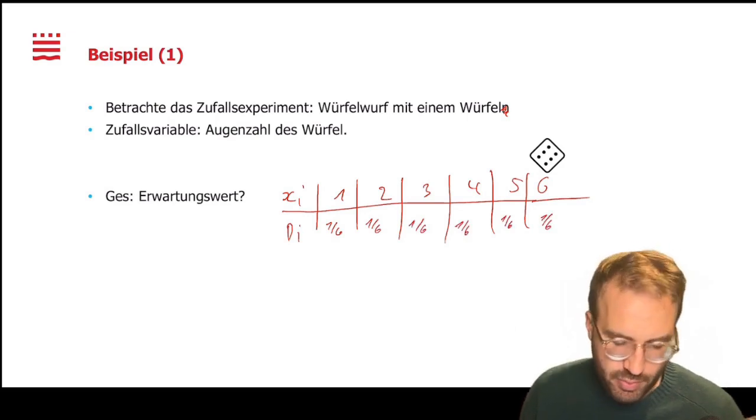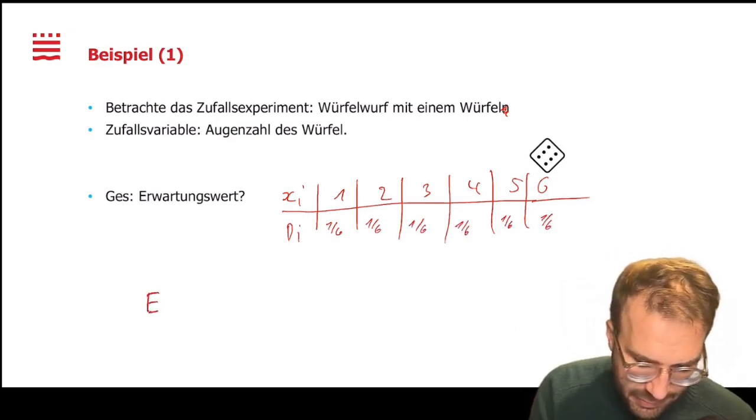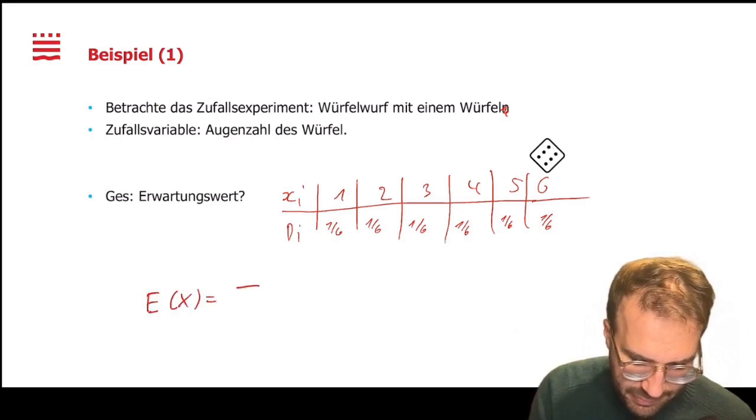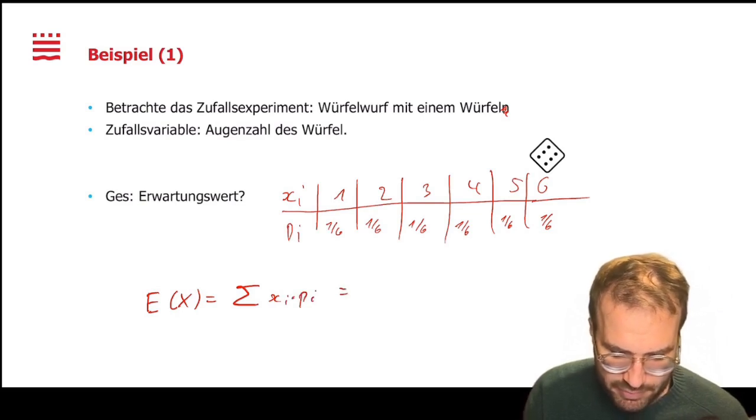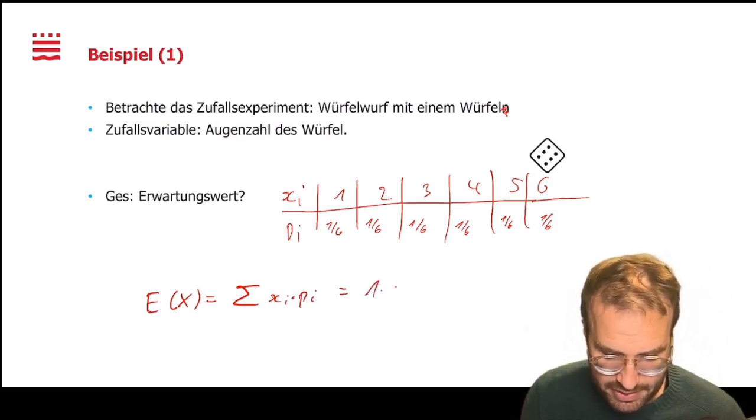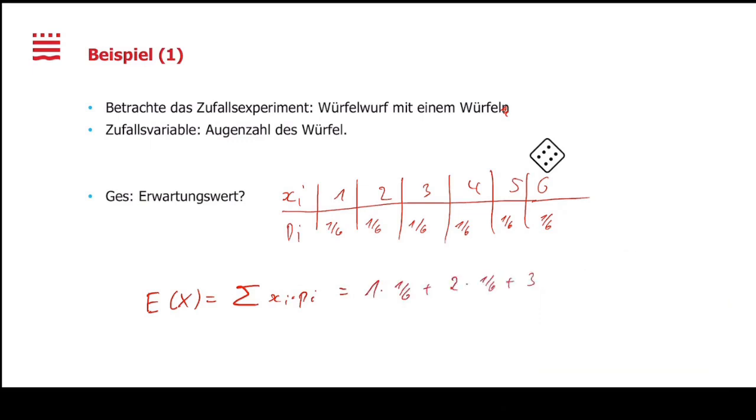Now we remember the formula, which was E equals the sum of x_i times p_i. And that means we write x times p, so that's 1 times 1/6, 2 times 1/6, 3 times 1/6. In this case, always 1/6, because the probability is always the same, up to 6 times 1/6.